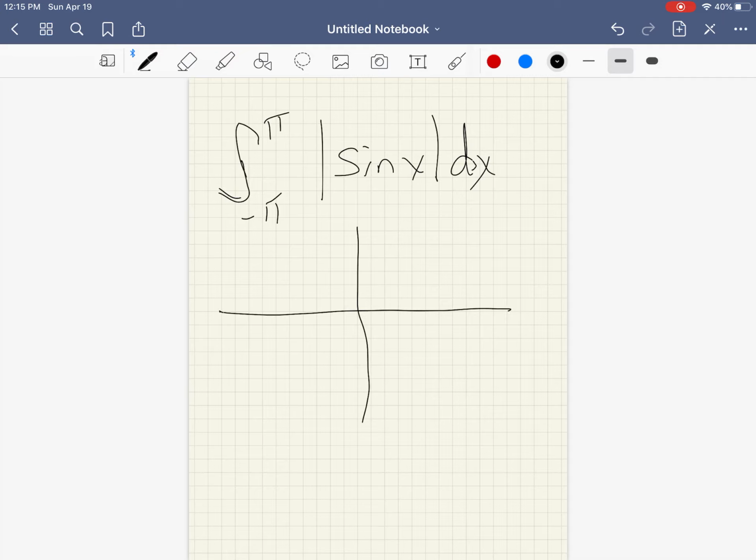If we look at the graph of that, without the absolute value would be like this. This would be negative pi, this would be positive pi. So when this flips back up, it's like this, isn't it? So really the area, the integral of this would be 2 of these, but it's easier to work with this one.